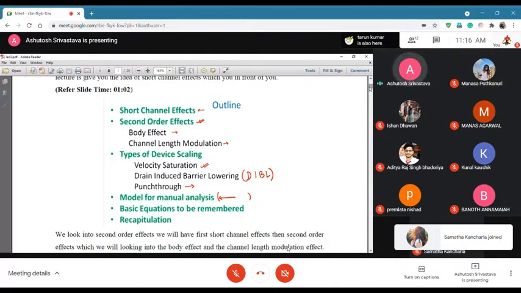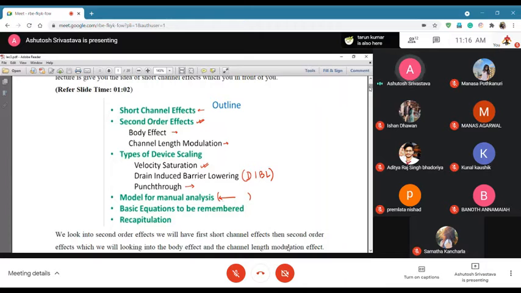Then we shall discuss the types of device scaling in terms of the short channel effects that naturally occur in the MOSFET based transistor. Remember, we are always talking about MOSFET transistors.